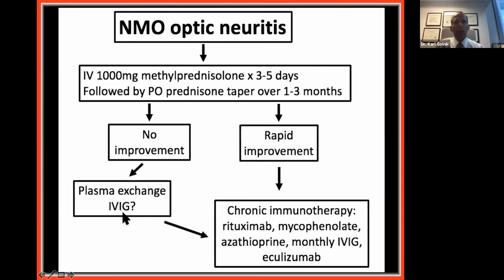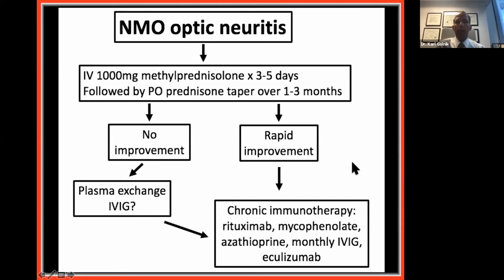Some people might use intravenous immunoglobulin, very, very expensive. And then, of course, they're going to also get chronic immunotherapy. So no matter good improvement or poor improvement, they're going to get this chronic immunotherapy. Of course, I'm not the one prescribing it. These patients are always going to be referred for neurologic evaluation and hopefully treated by a neurologist familiar with this condition. So that's NMO optic neuritis.